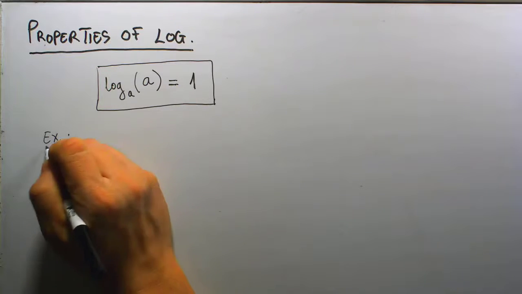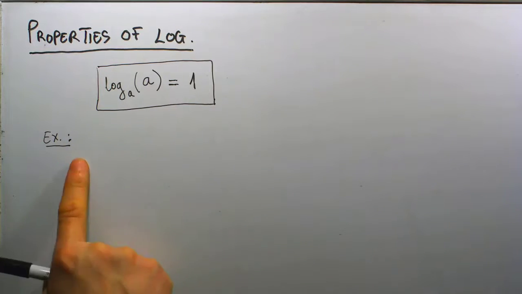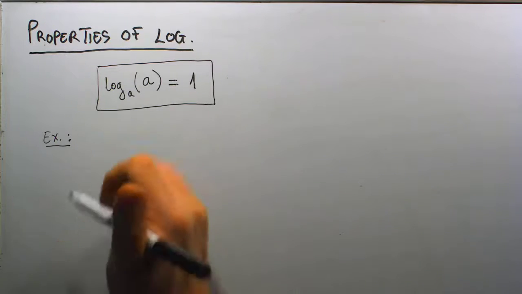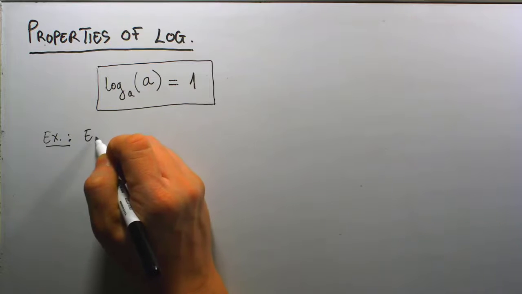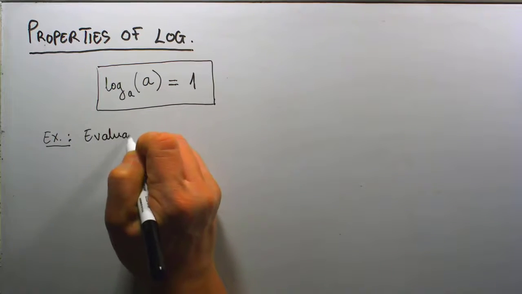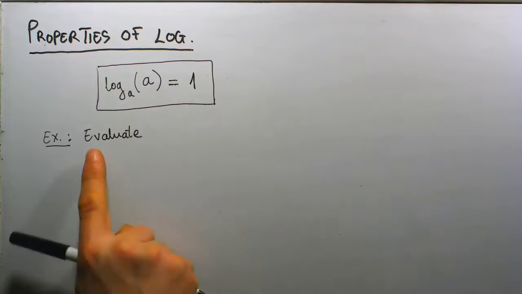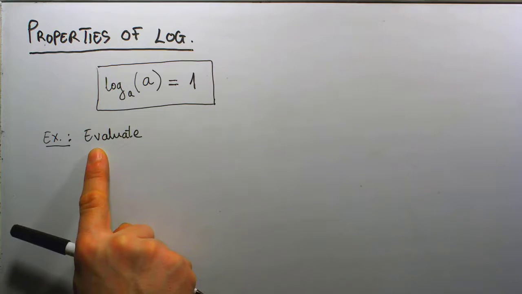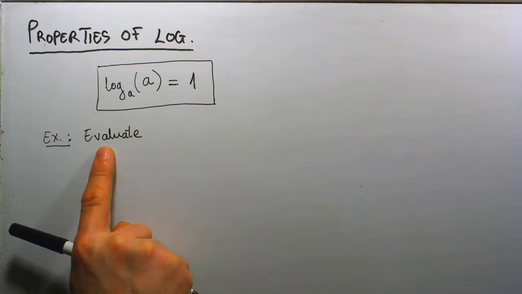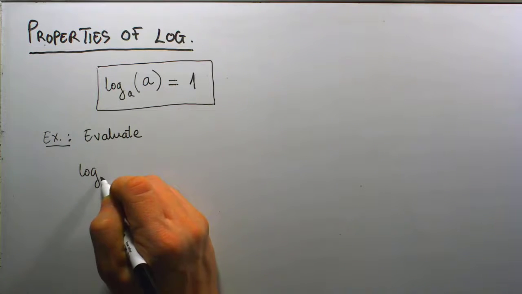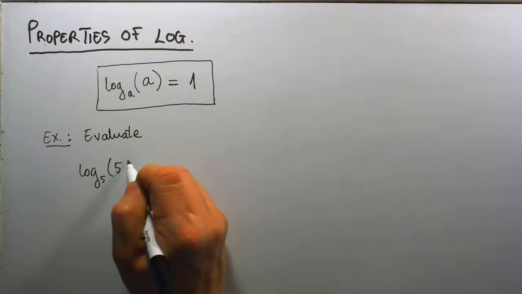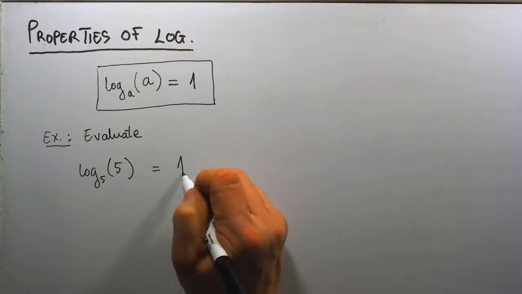Let's now come up with a few examples here. The intention of these examples is that we can make some quick evaluations without a calculator. So I will not swing over to the calculator at all for these easy calculation problems. Let's evaluate log base 5 of 5. The answer is 1.